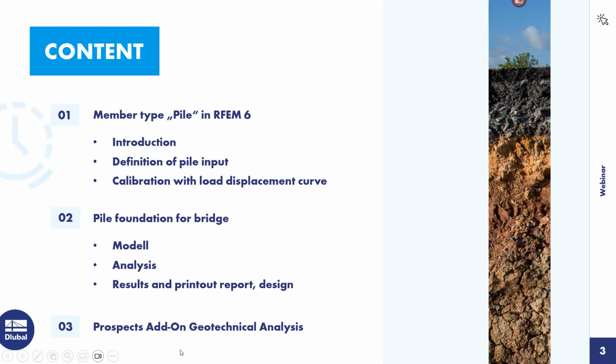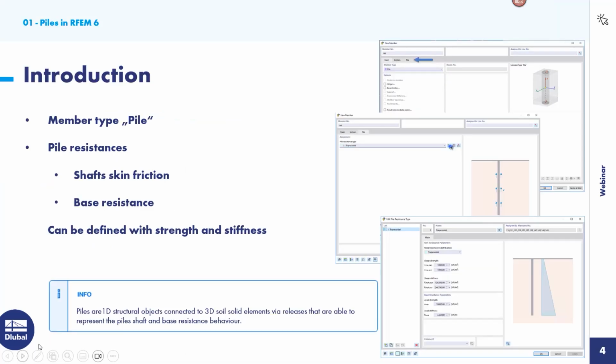Okay, then we can come to the first step. We go to the introduction. If you have the geotechnical analysis add-on, it provides the member type pile to you in RFEM 6. The pile resistances, the skin friction and the base resistance, can be defined with strength and stiffness.